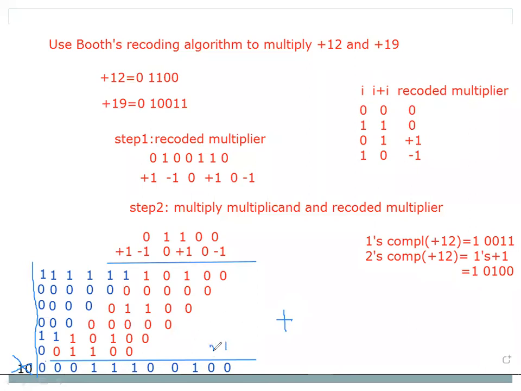This is nothing but 2, 4, 8, 16, 32, 64, 128.